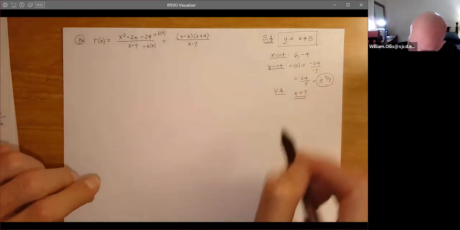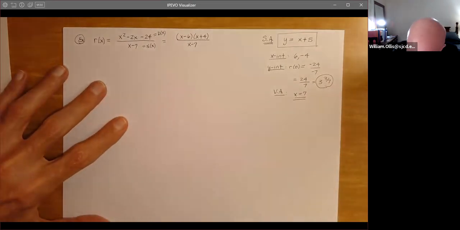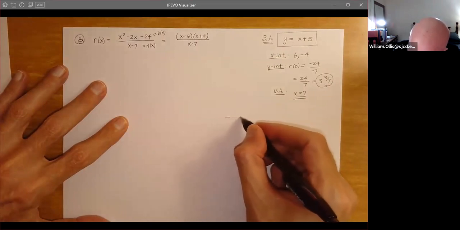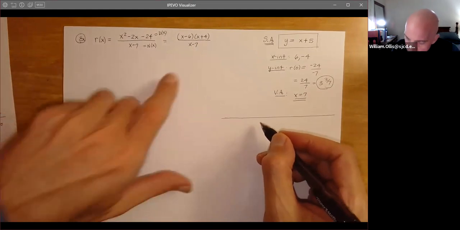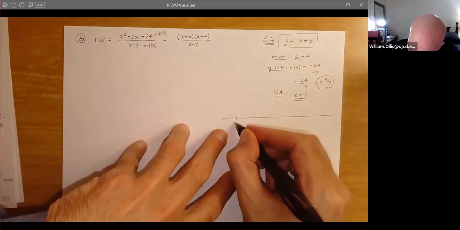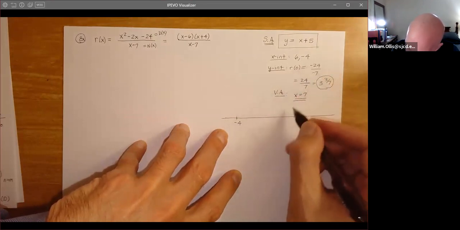Now, when we look at this, we're thinking, okay, let's just go ahead and do a sign test. Let's use this part because it's fully factored. And again, here we go. Multiplicity 1, right? So let's look at the boundary values. So we've got -4, and I'll spread this out a bit. We got a 6 and a 7.